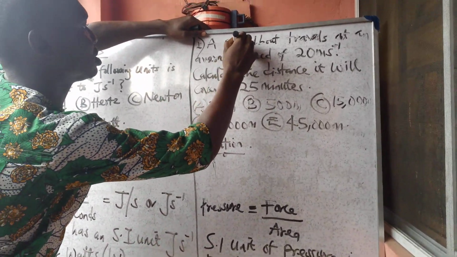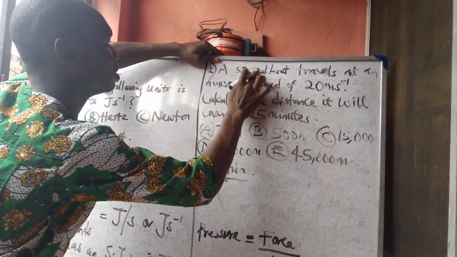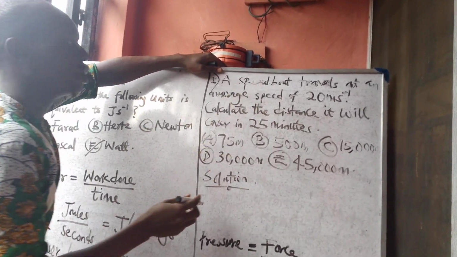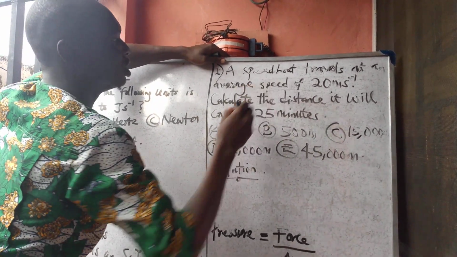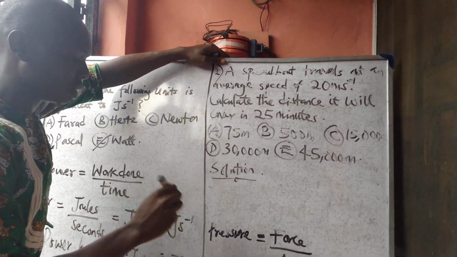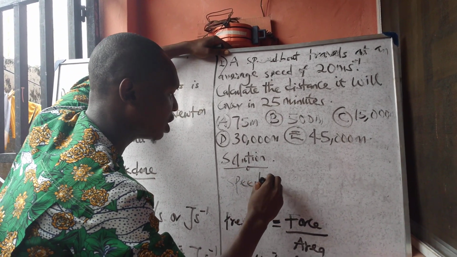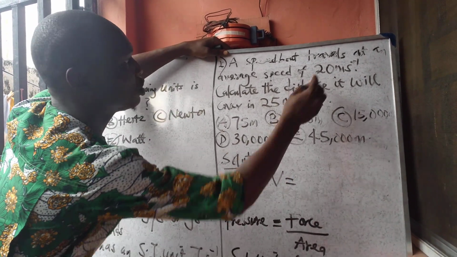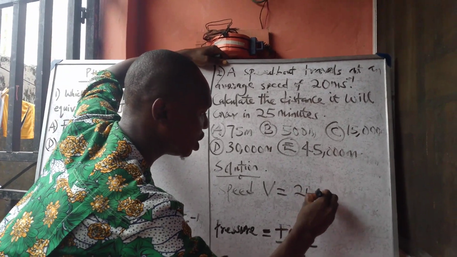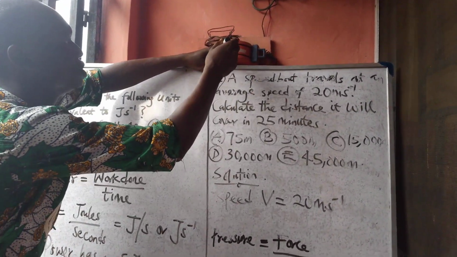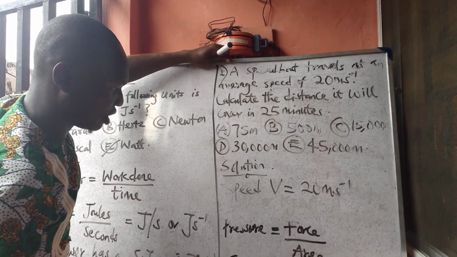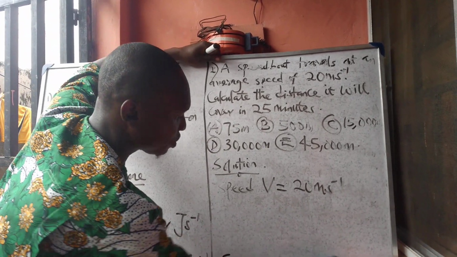The first thing we'll look at is the speed. The speed V was given to us as 20 meters per second.